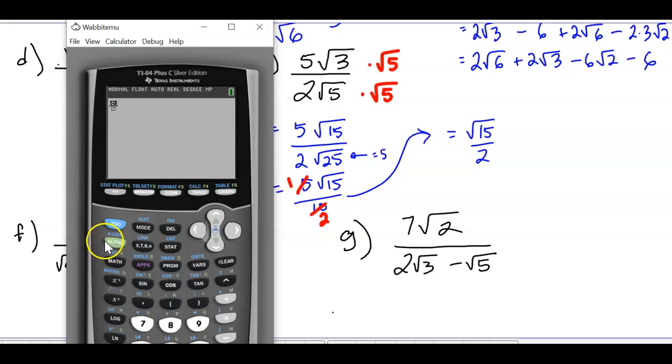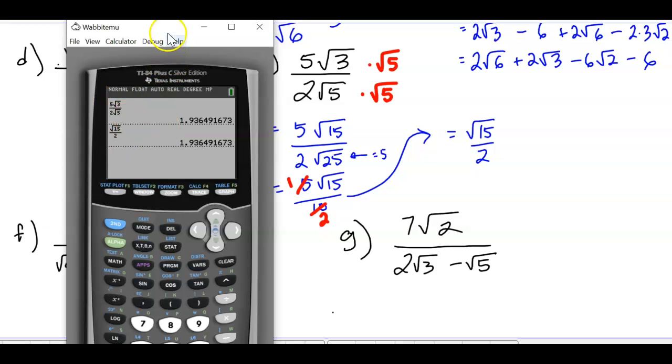So then you can go 5 root 3 over 2 root 5 and gives you the decimal form. Then in your answer, you have root 15, then arrow down to 2, not in the radical, enter, and it's the same. So you know that you've done the correct work.